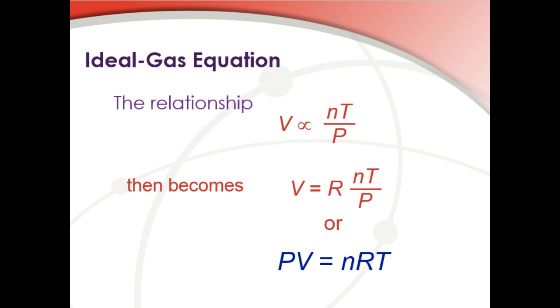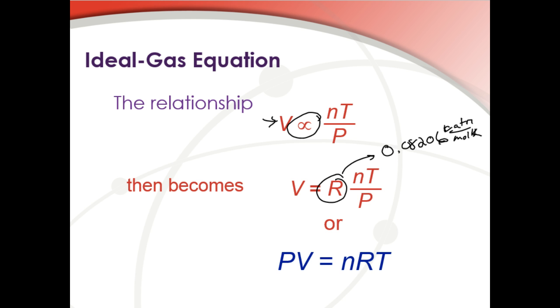As we saw in the last video, volume and moles and temperature and pressure are all related, and they're related through some constant, and that constant is R. R is 0.08206. Okay, super important there. Liters atmospheres per mole Kelvin is the unit there.